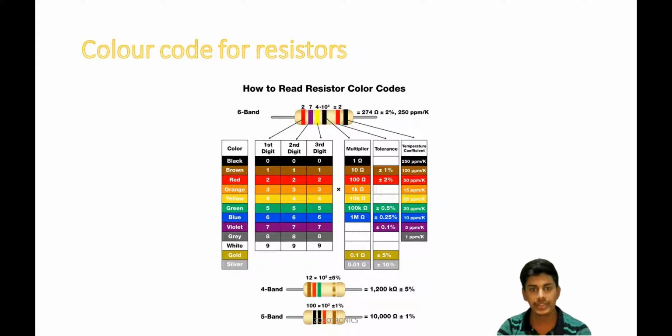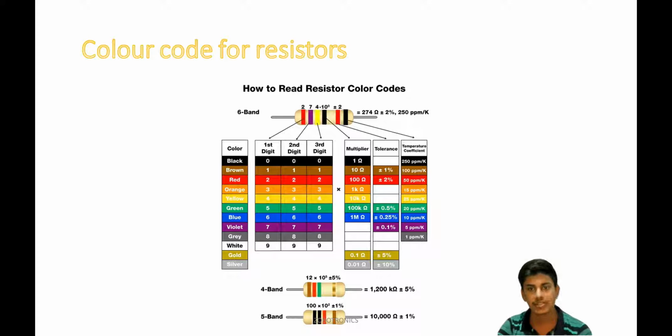So in total we will get 1 ohm if these three bands are black and the fourth one is also black. We will get to know that the resistor is of 1 ohm, and this band will indicate the tolerance, and this last band will show the temperature coefficient.